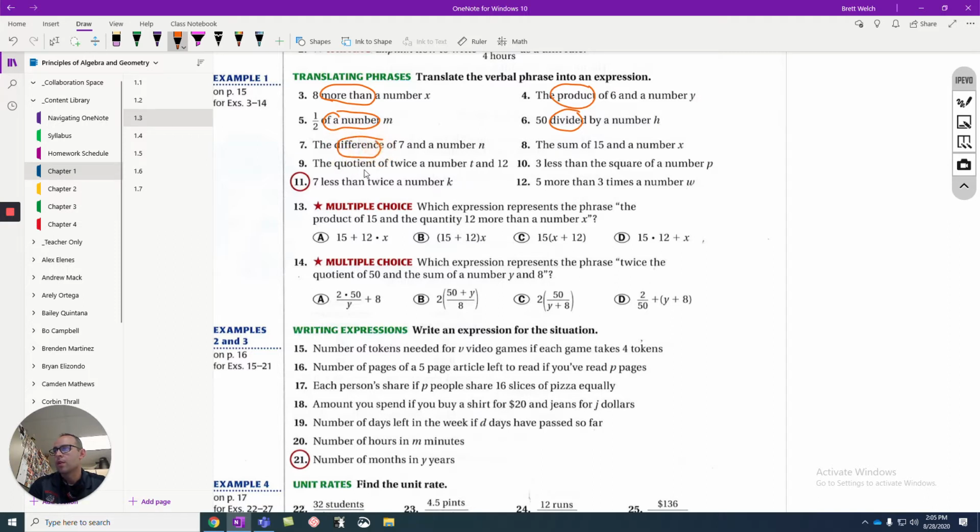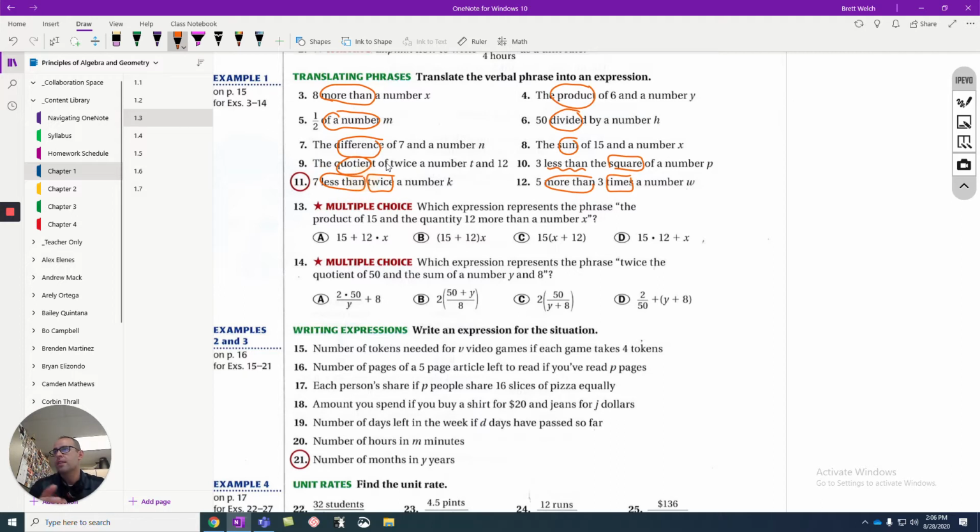Difference, quotient, that's division, right? Sum, that should tell us about addition. More than. These ones here, less than. Also we have square, we have times, twice, and again we're going to see this phrase less than.